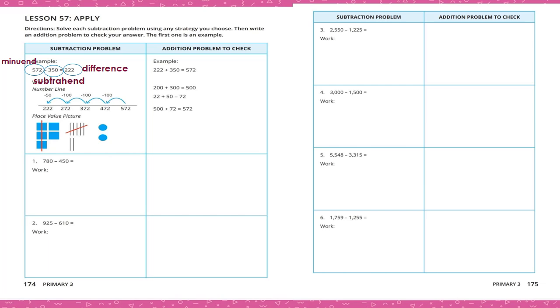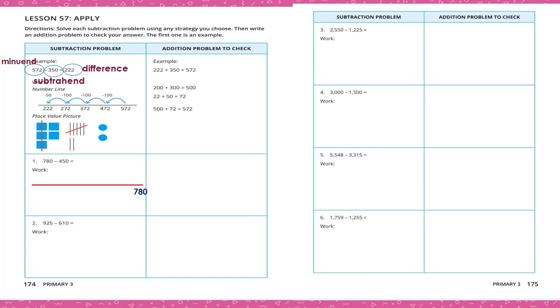Let's solve number 1. 780 minus 450. First, the number line. Make the number line and put the biggest number at the end. And we have 450. 400 here, you can split it to be 100, 100, 100, 100.